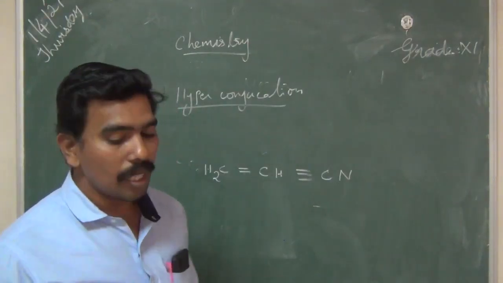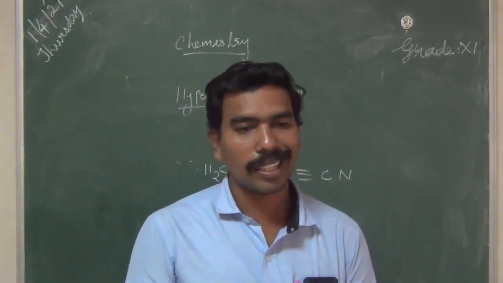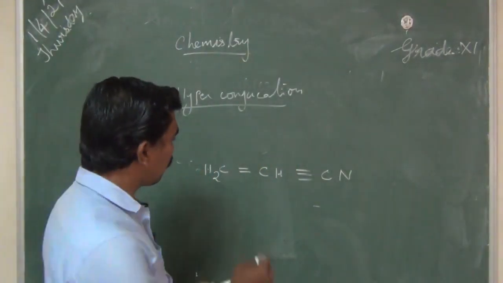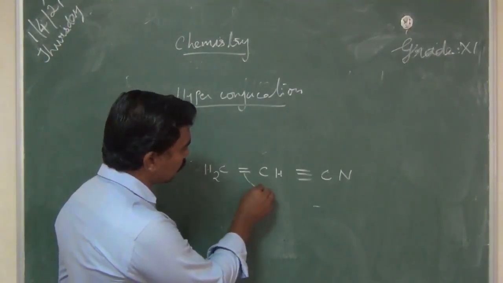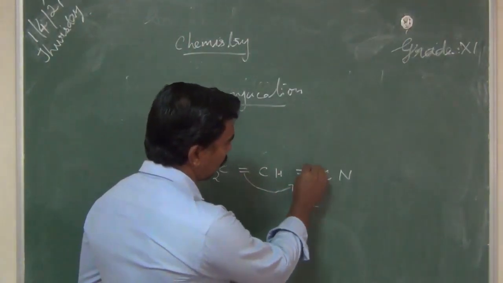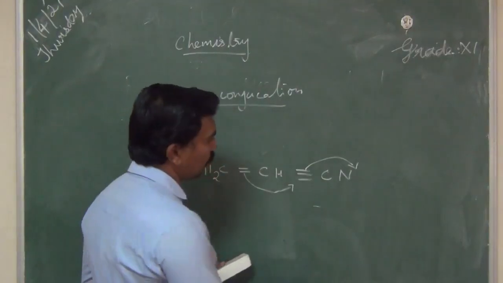This is an example. Here is the electron movement. This is the pi bond. This moves here, and this one moves to here.